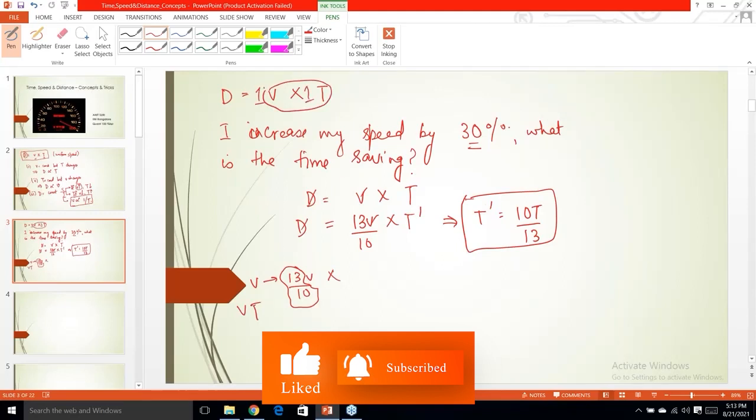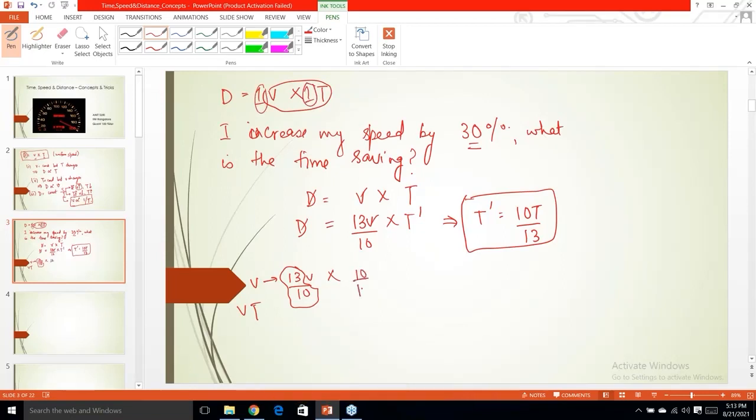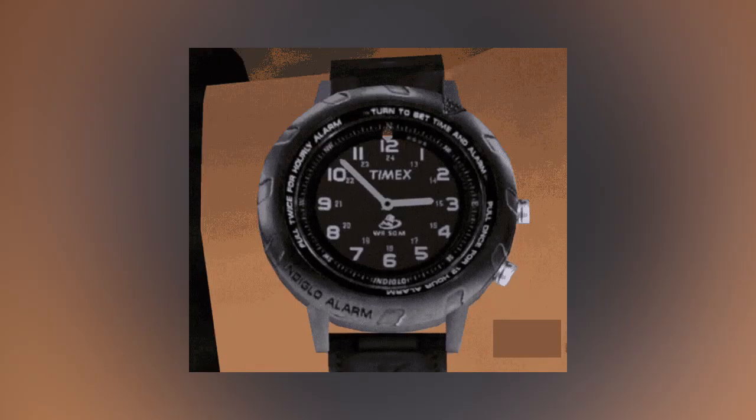Just look at the coefficients, 1 into 1, right? So obviously you need to multiply it by 10 by 13, then only it will become 1 and 1, right? And obviously it's t. So what you need to understand is to just figure out what this coefficient becomes for the increased speed, right? And then just take the reciprocal of that coefficient, which is 10 by 13. That is your new time.